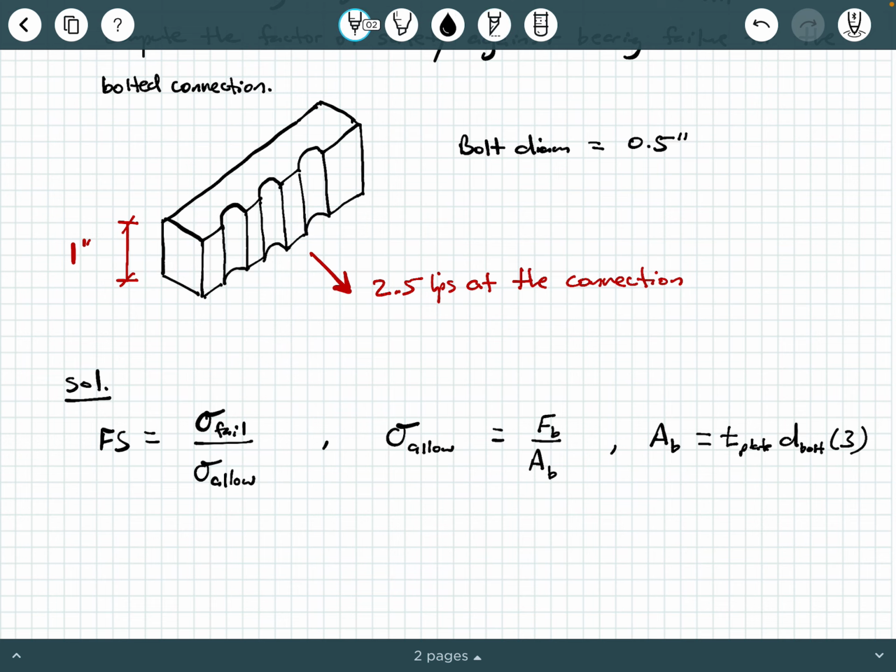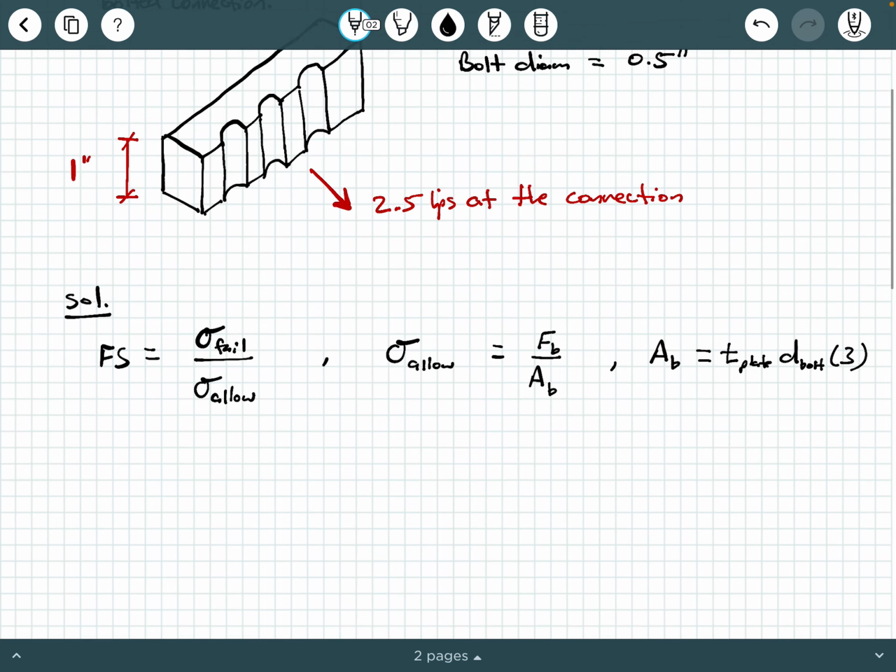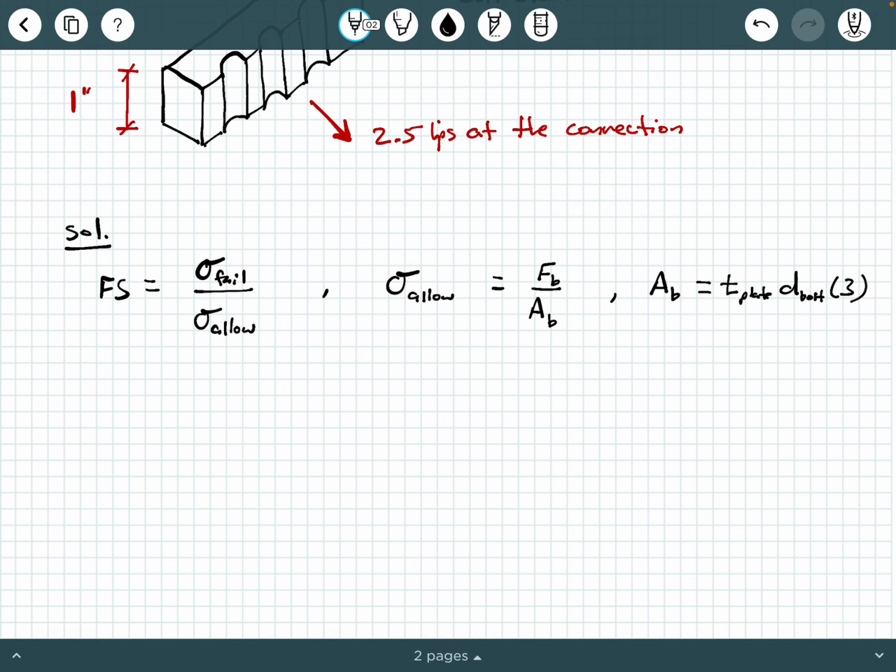Now what we can do is put all of this together, all right? And we can solve for factor of safety. So I'm going to say Fs equals sigma fail divided by FB over AB. I'm going to do a little bit of rearranging and say sigma fail times bearing area over the bearing force.